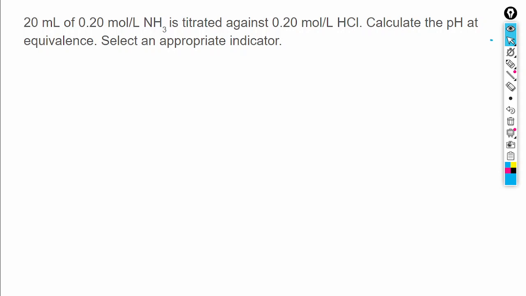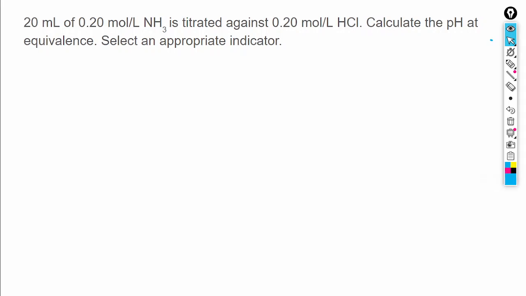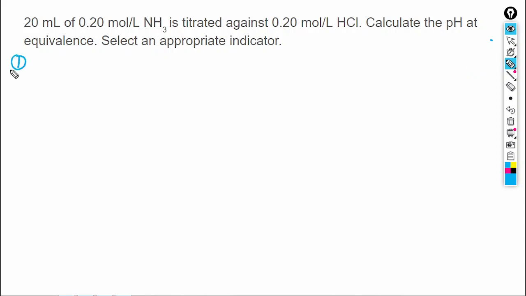Every time, a balanced chemical equation is your first step. What is that going to produce?